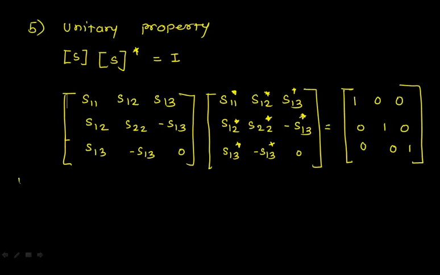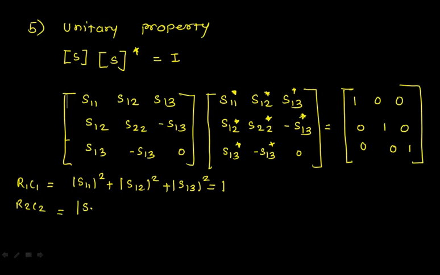So if I do r1 c1, I'll get mod S11 square plus mod S12 square plus mod S13 square is equal to 1. I'll do r2 c2 here. So r2 c2 will give me S12 square plus S22 square plus S13 square is equal to again 1, because this results in r1 c1, r2 c2 and r3 c3.